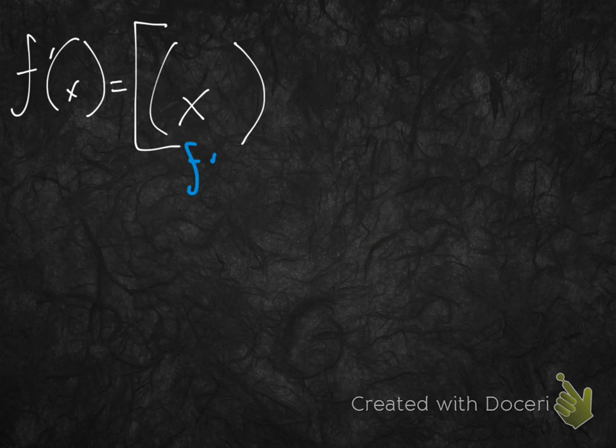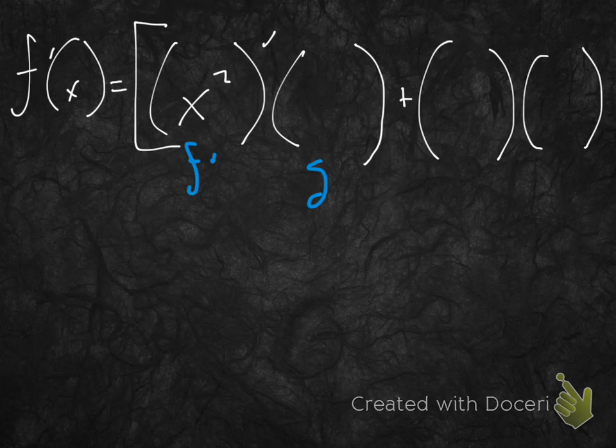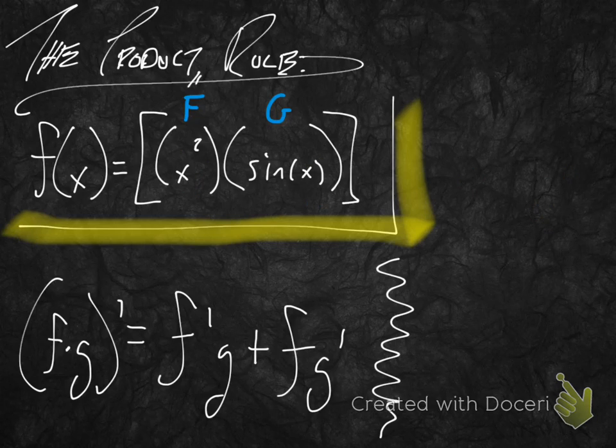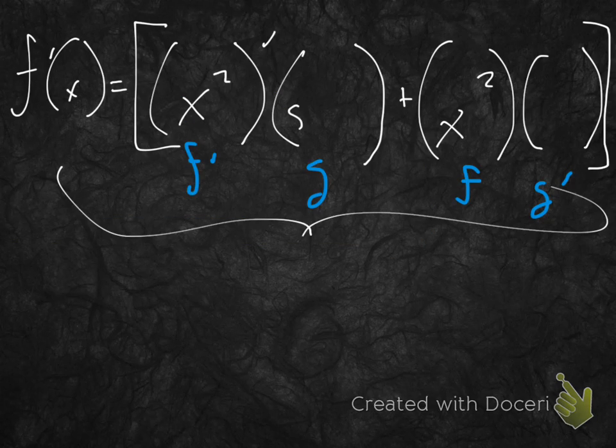So this is going to be x squared prime times g plus, and this should be f g prime. Alright, so we already know what our f is going to be, x squared. Now let's go ahead and figure out g here. So we said g was sine of x, so sine x will go here, and then sine x prime will go here.